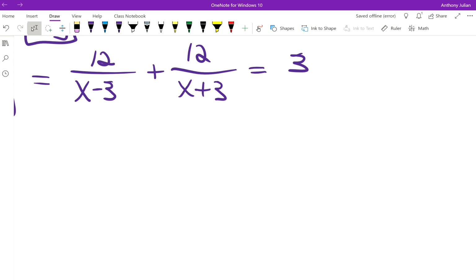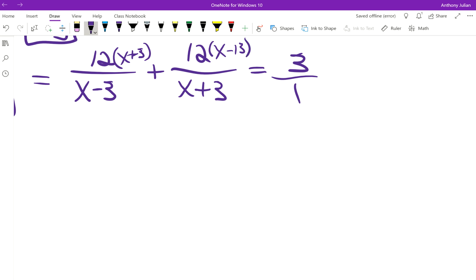Okay, so let's get our denominators to be the same. X minus 3, x plus 3, and the 3 is over 1. So over here I've got an x minus 3, I need an x plus 3. X plus 3 multiplied to the 12. And I also know it's downstairs too, I'm not going to write it. The x plus 3, I need an x minus 3.